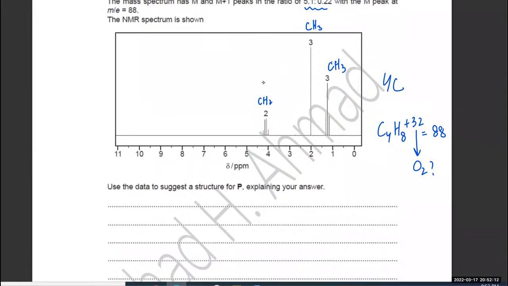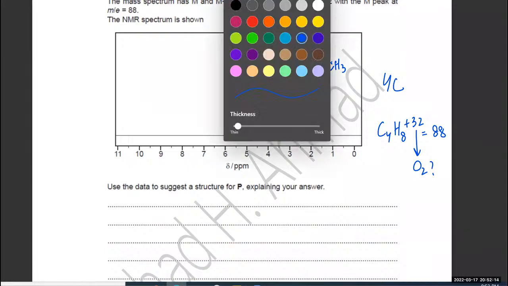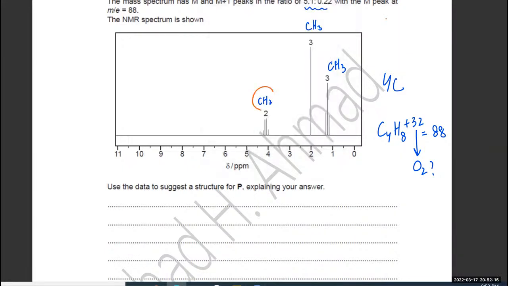So the first thing I know about the NMR spectrum is that this is CH2, this is CH3, and this is CH3. Now look at the splitting. This is a quadruplet peak, right? When you get a quadruplet peak, the neighboring carbon has how many hydrogens? 3. That means the neighboring carbon atom has 3 hydrogens.